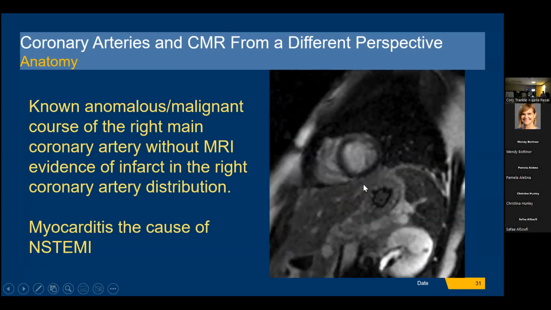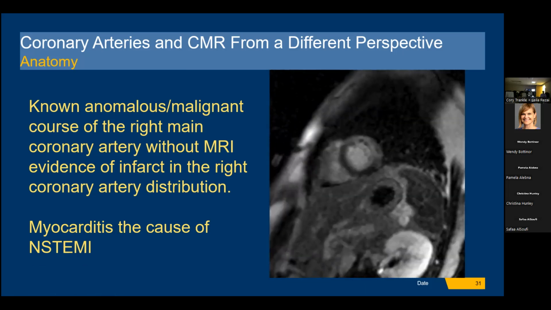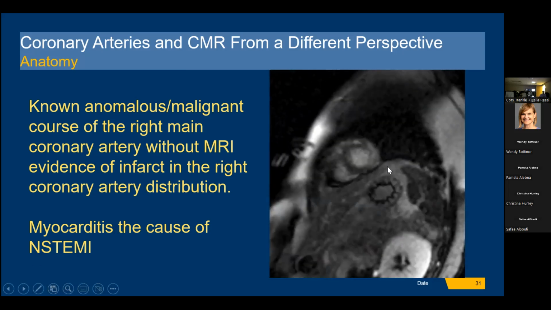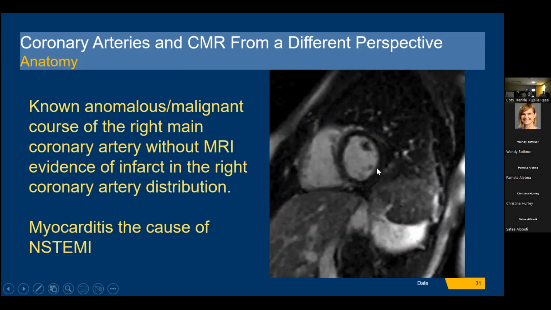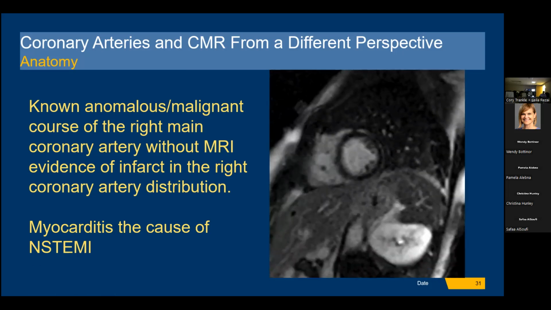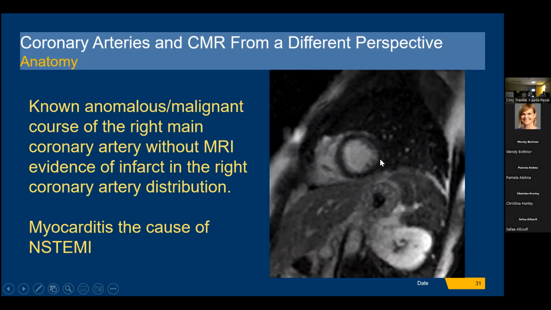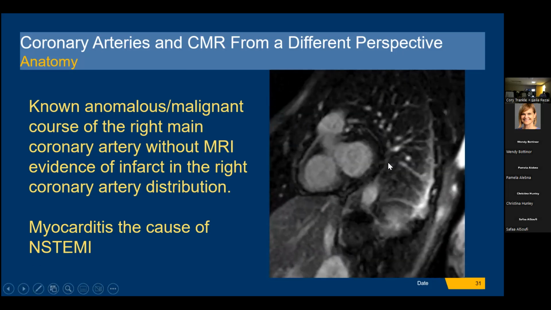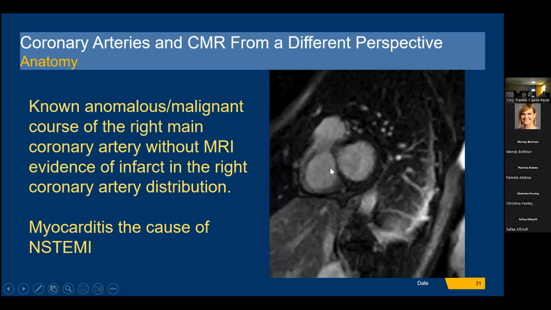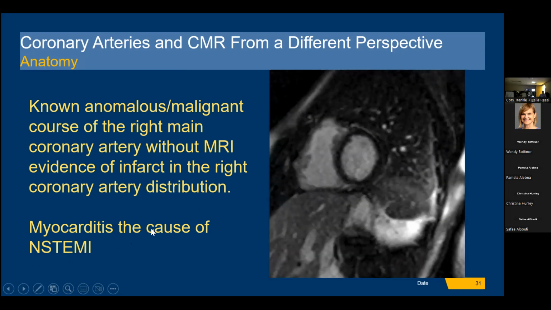However, when we did the post-contrast to see if we can find, let's say, an infarction in the course of the right coronary artery, we found something completely different, which showed that we were right about the anomalous coronary artery not being the cause of her non-STEMI, but it turned out to be epicardially based enhancement of the apical lateral wall in a completely different region of the heart than we expected to see, and turned out to be a myocarditis.